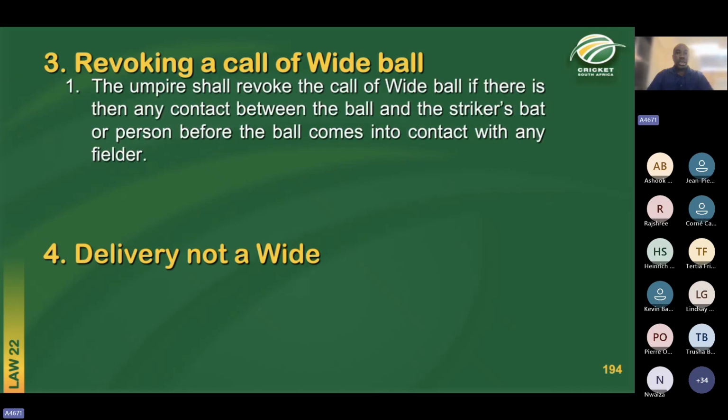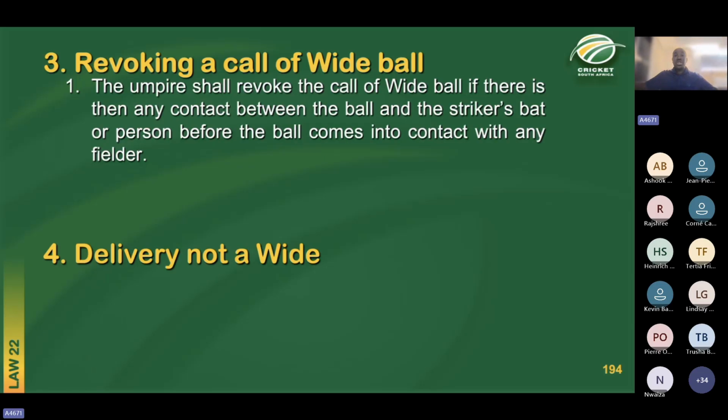Can we revoke a call of wide? Yes, we can. The umpire shall revoke the call of wide if there is any contact between the ball and the striker's bat or person before the ball comes into contact with any fielder. Sometimes you find a batter will play a very late cut. The ball has almost gone past the striker when they end up hitting the ball.